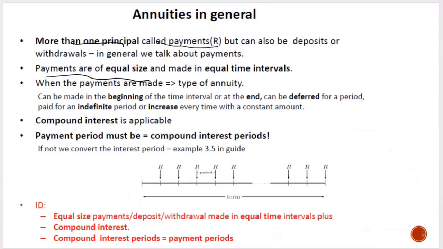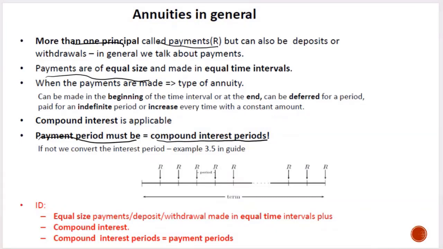You are also using compound interest to calculate the annuities. What also characterizes annuities is that when you are doing your calculations, your payment period must equal your compound interest period. What does that mean? If the payments are made monthly, the interest needs to compound monthly.